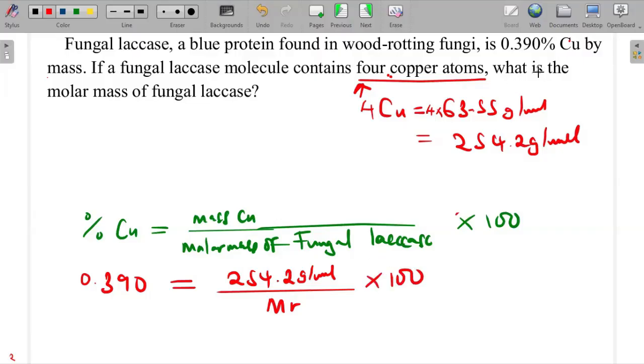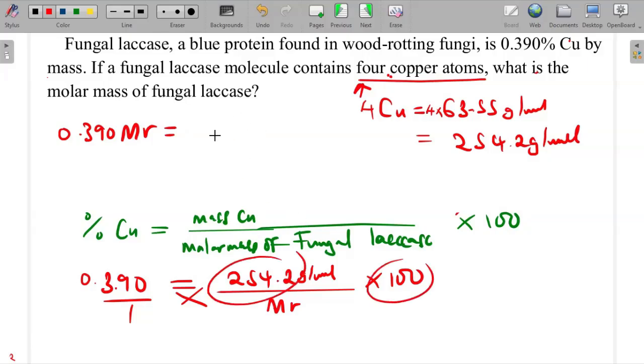So we want to find the molar mass of this fungal laccase. What are we going to do here? Just cross multiply. Cross multiplying, I get 0.390 MR is equal to 254.2 multiplied by 100.